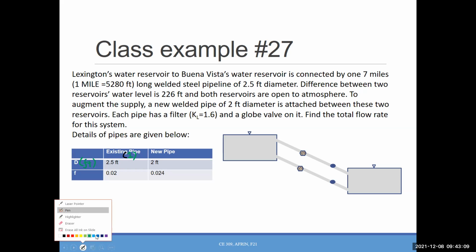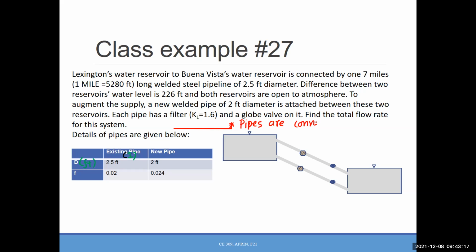That is our first given value, or first thing we need to know, that pipes are connected in parallel connection. Okay. And in between these two pipes, we have an elevation difference.